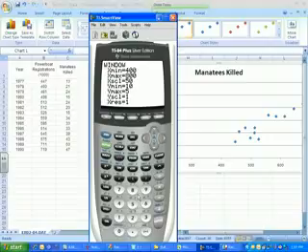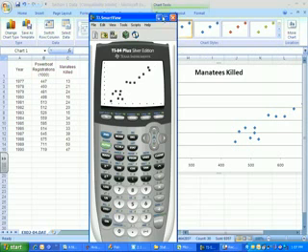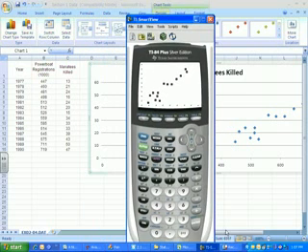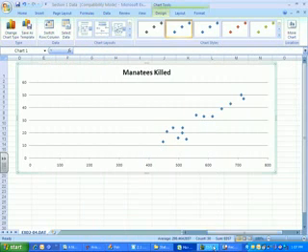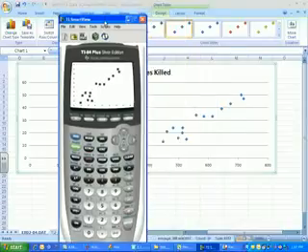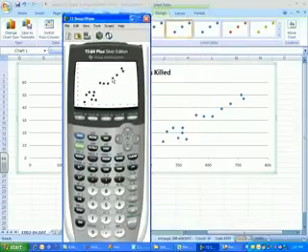So I'm going to go 55. This one I'm going to go by 5s. So when I graph, this scatter plot looks similar to the one that we did on Excel. Let me get these side by side. So that's how you can do a scatter plot on your calculator as well.